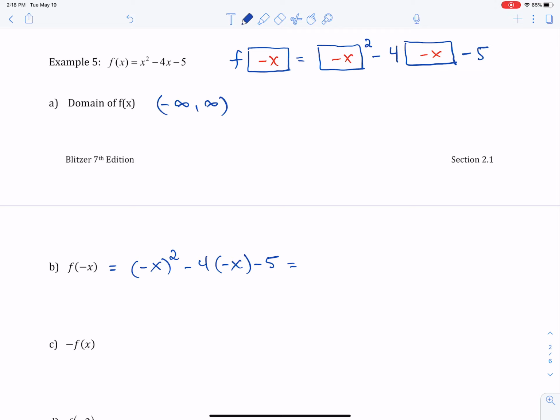Negative x squared means negative x times negative x, and since two minuses result in a positive value, the result here is going to be positive x squared. Negative 4 times negative x is positive 4x minus 5, and this is my final answer for the first requirement.